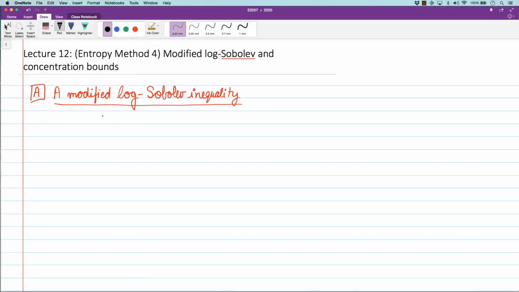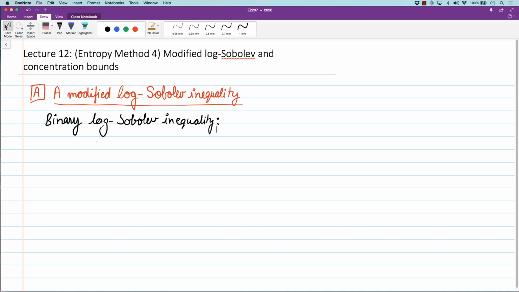Earlier we saw the binary log-Sobolev inequality, which said the following: let x be distributed uniformly over the Boolean hypercube, the sign version of it, and we looked at this function f from {-1,1}^n to R, let's say a positive function.